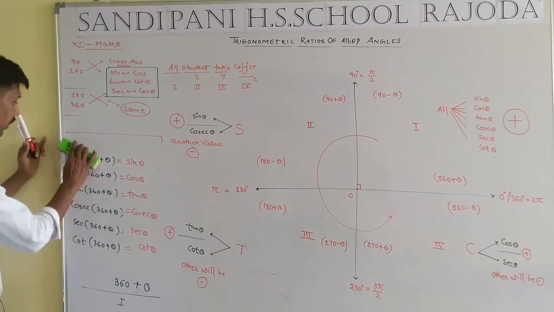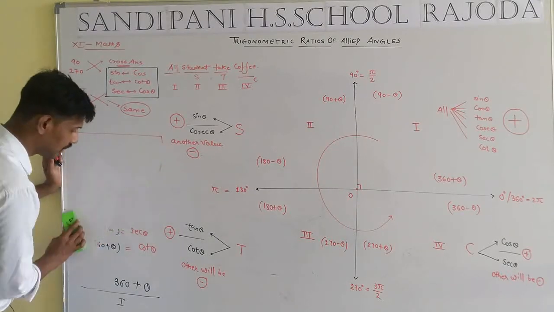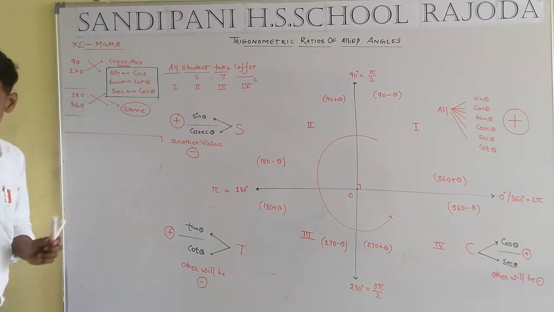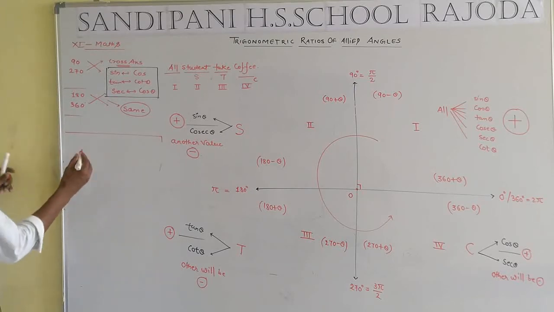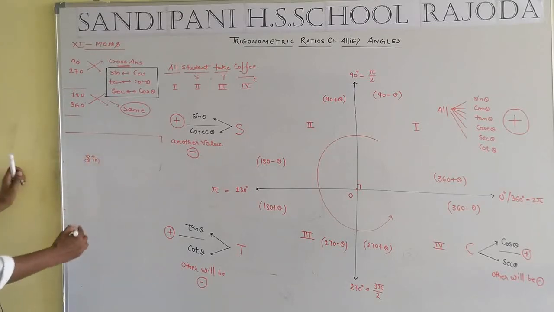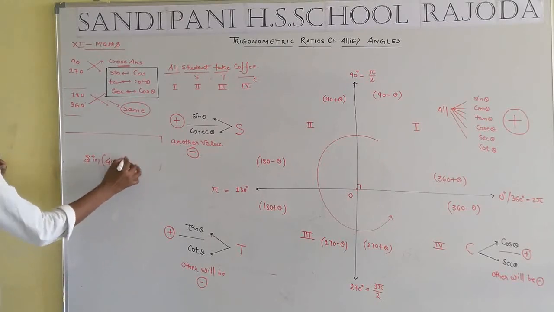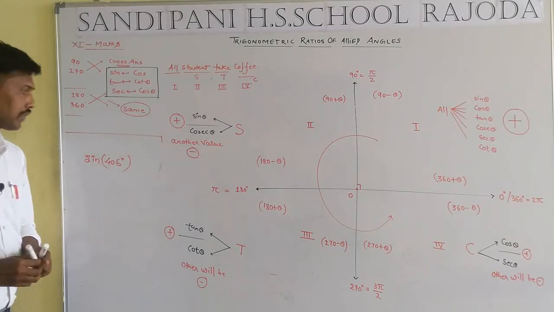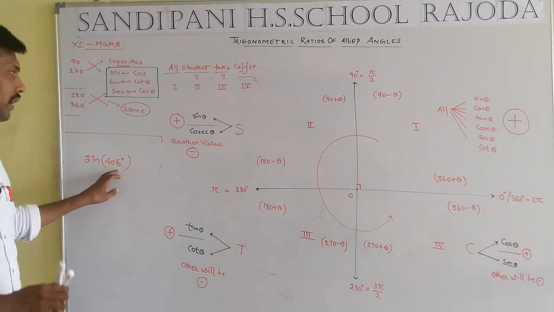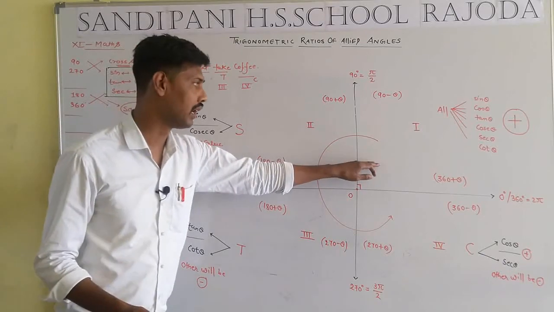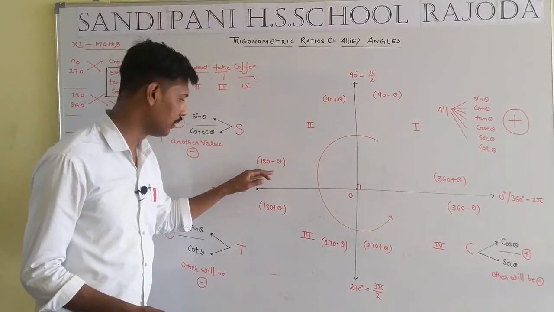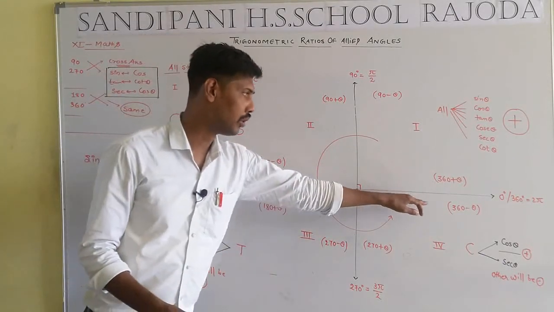Now we move to numbers. What is the meaning of the numbers? Just follow an example. Taking sine 405 degree. Firstly, compare 405 degree with 90. More than 90, more than 180, more than 270, more than 360.